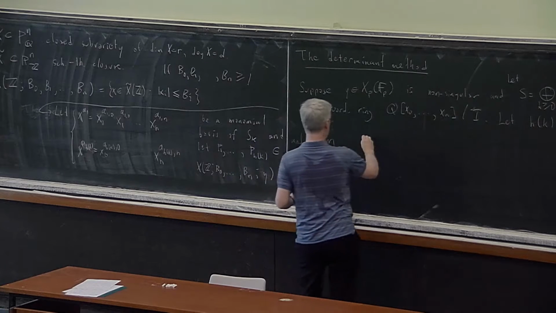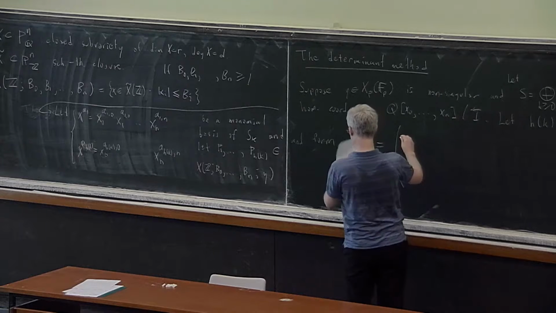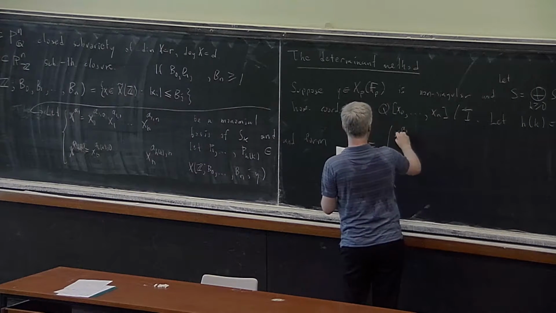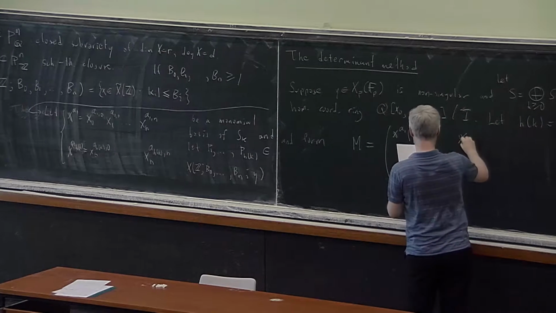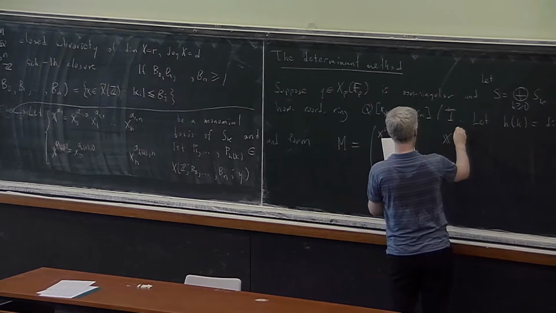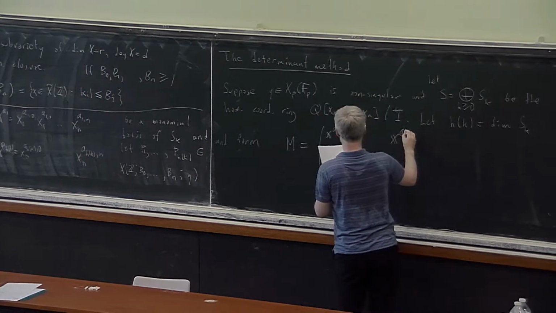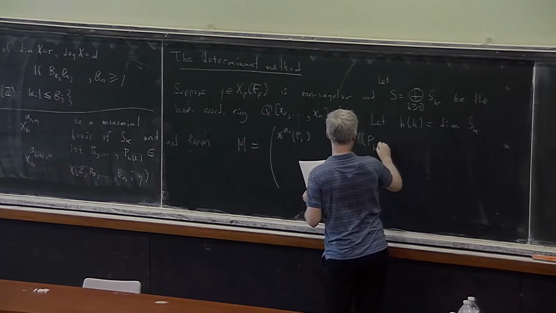So I will call this M in the sequel here. So M will then be, I will take all these monomials, x^{a_1} evaluated at p1, and then x^{a_1} evaluated at p_{h_k}.